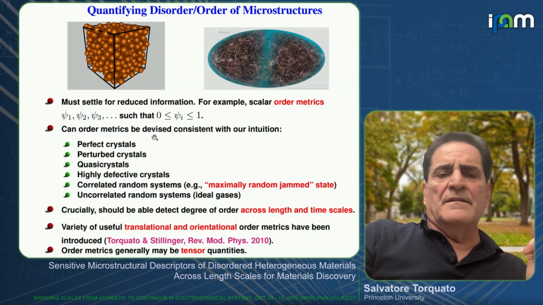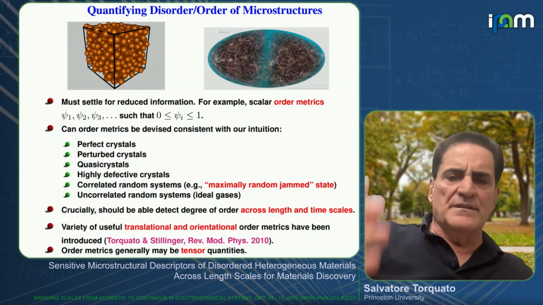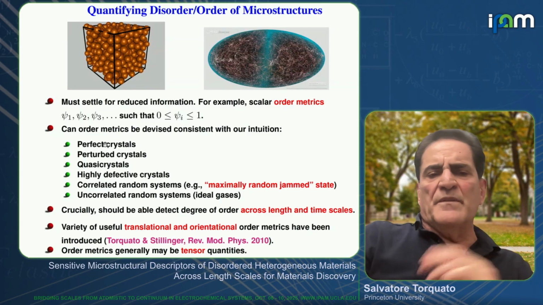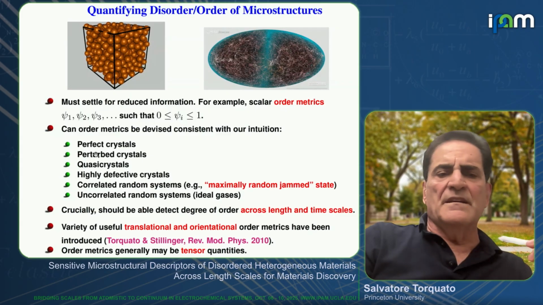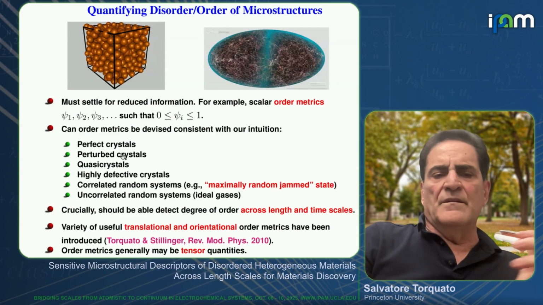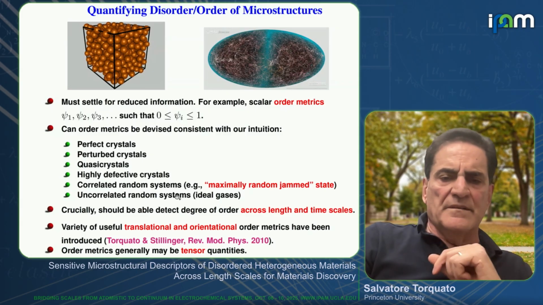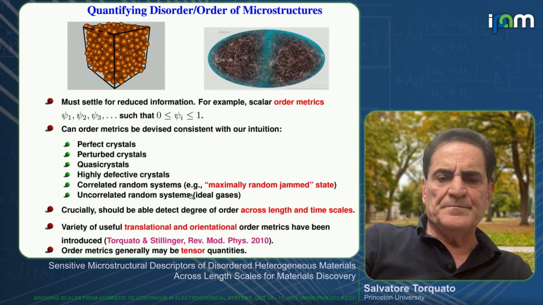So you want order metrics that rank order things according to one's intuition, where perfect crystals would be at the top, let's say perturbed crystals, defective crystals would be a little below that. Then you have quasicrystals, highly defective crystals, correlated random systems, uncorrelated random systems down at the bottom.